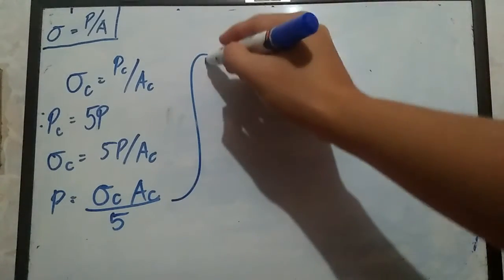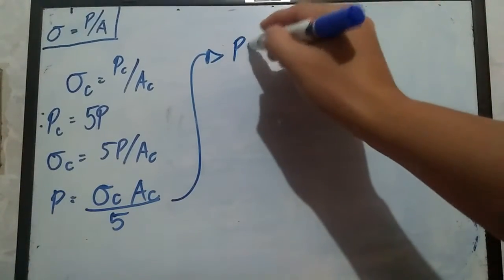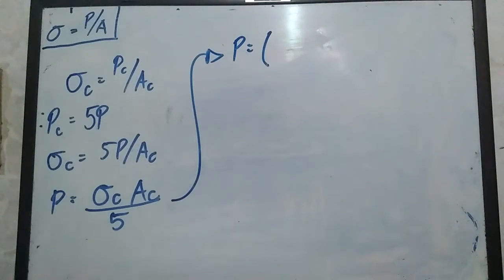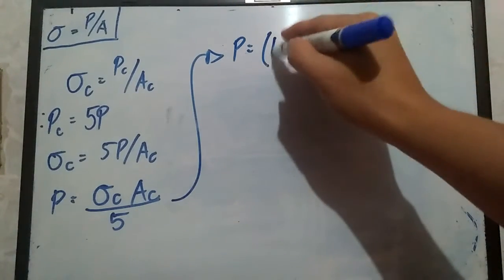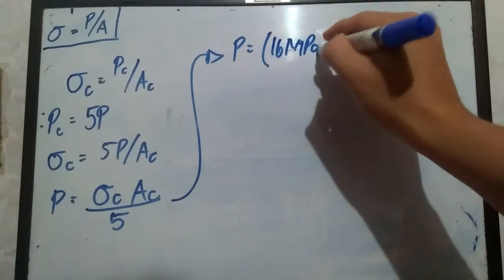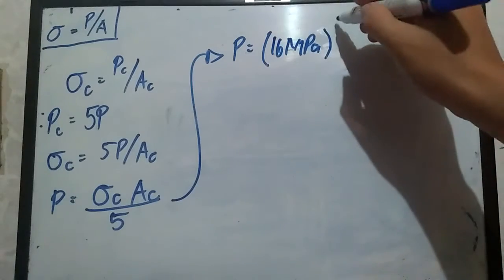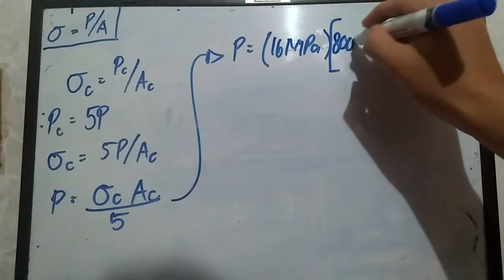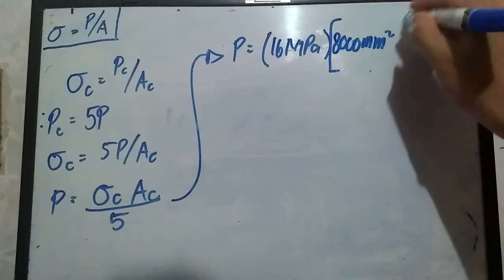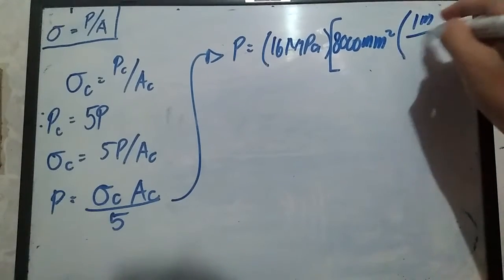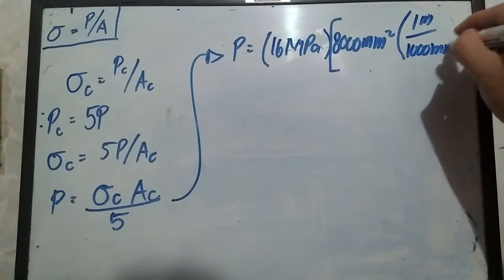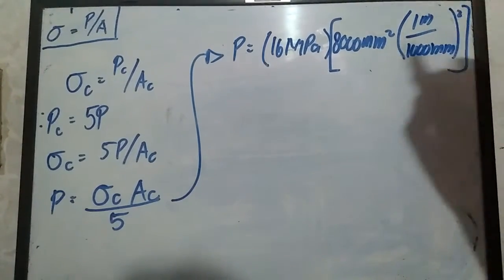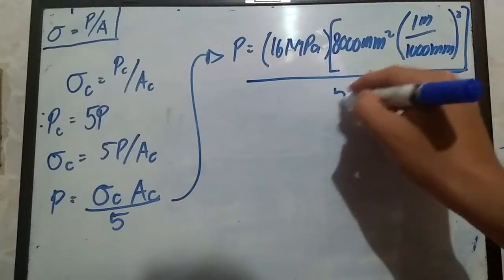So P is equal to the maximum allowable stress of 16 megapascals multiplied by the cross-sectional area equivalent to 8,000 square millimeters, with 1 meter for every 1,000 millimeters, squared, then divided by 5.